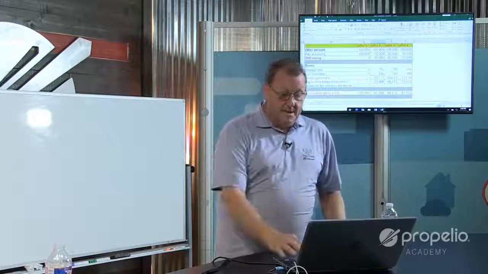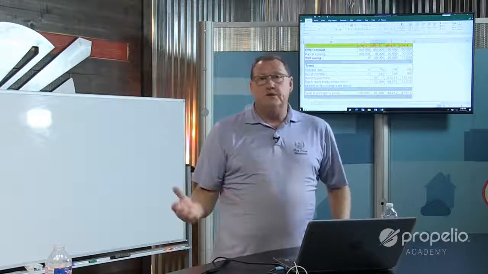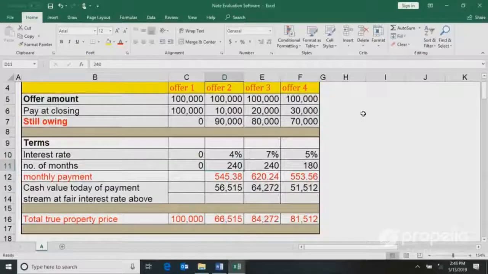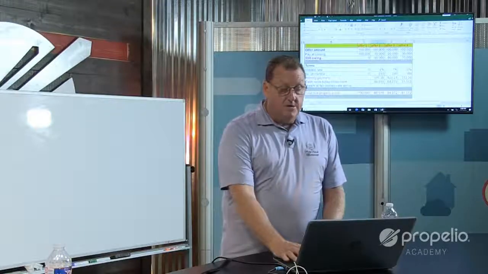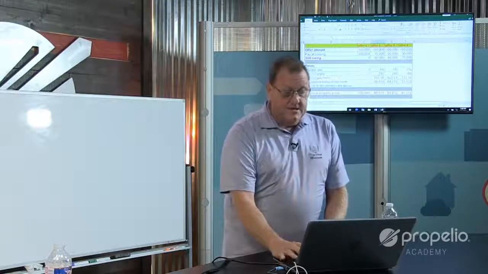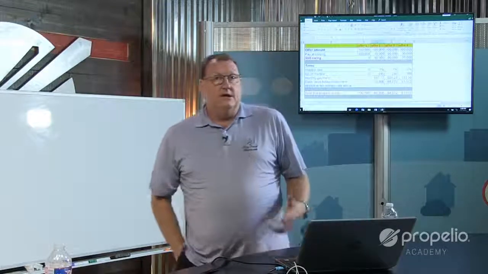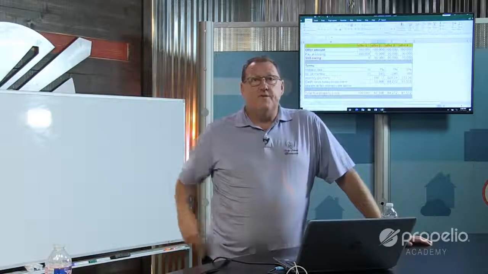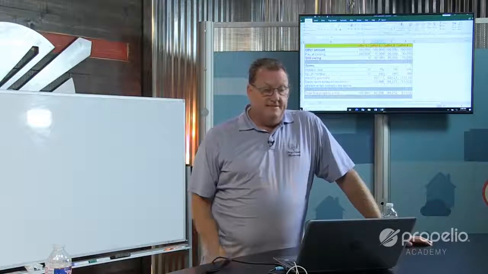Their payment might lower to what I would call traditional or institutional rates right now, at about 4%. So it drops to $545, about $150 a month. Is that worthwhile for a homeowner to do? I think that's a question for them, not for you and me. You and me, we look at it like, yeah, that's a great savings. But the question then for them is, are they prepared to do that as a whole?